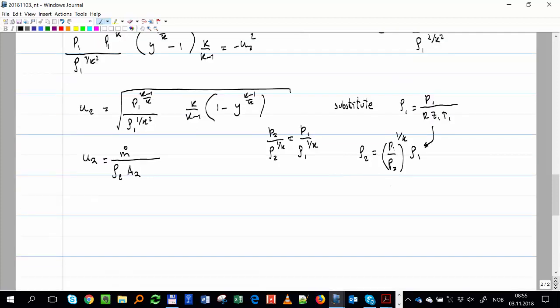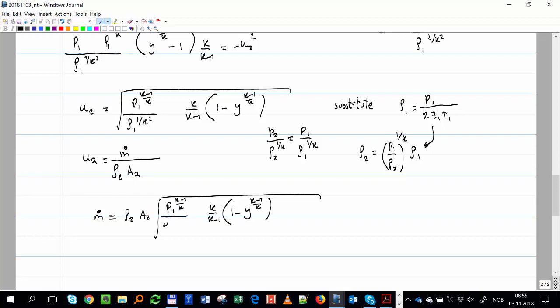And we end up with mass flow is equal to density 2, area 2, and then the square root of this guy here. But remember, we don't want mass flow, we just want standard condition rate.